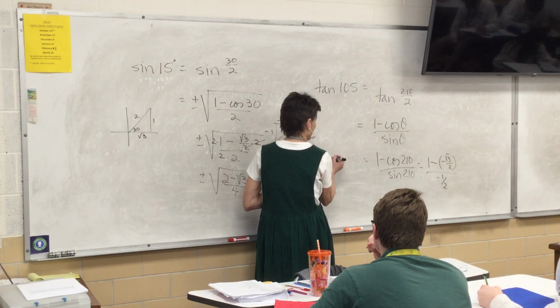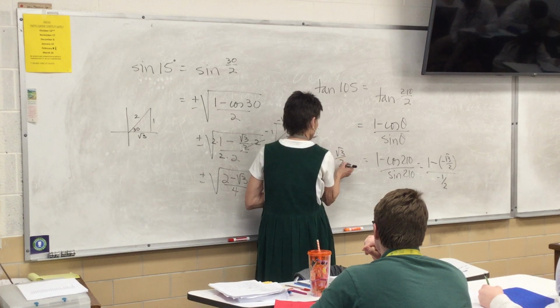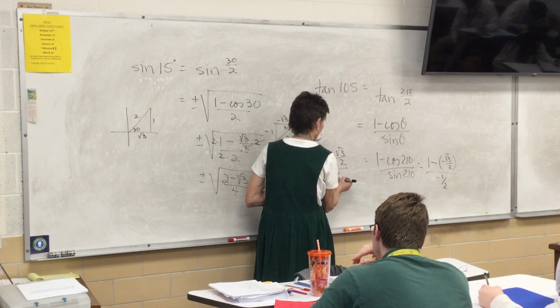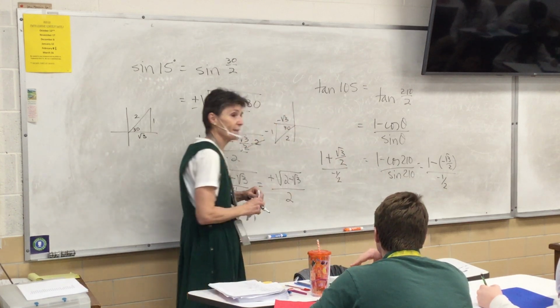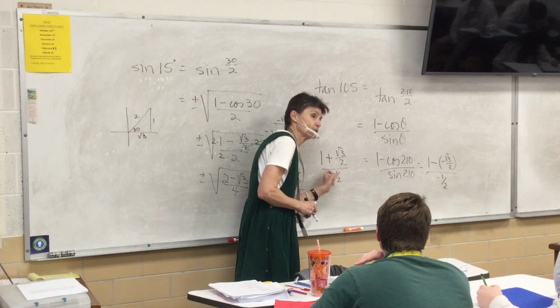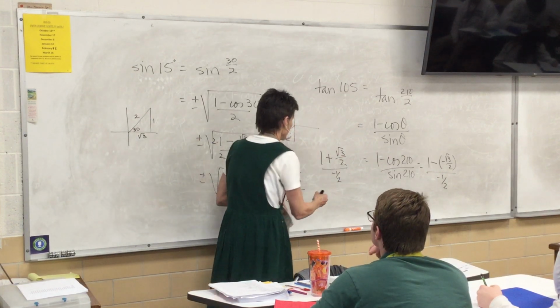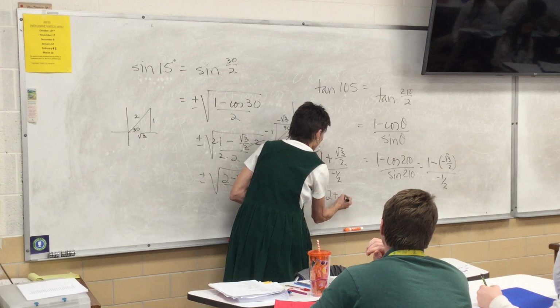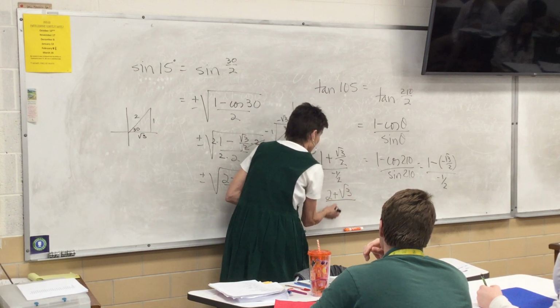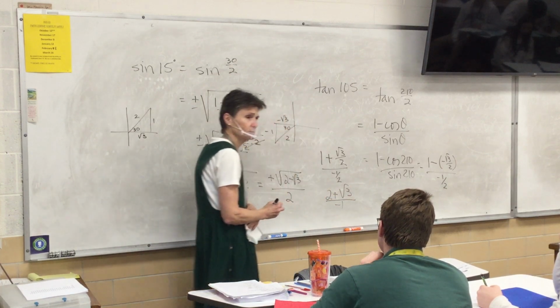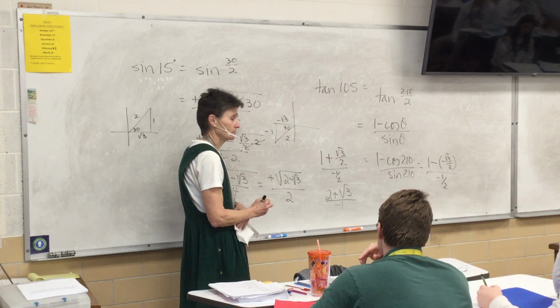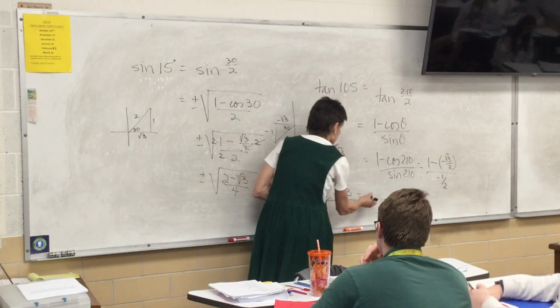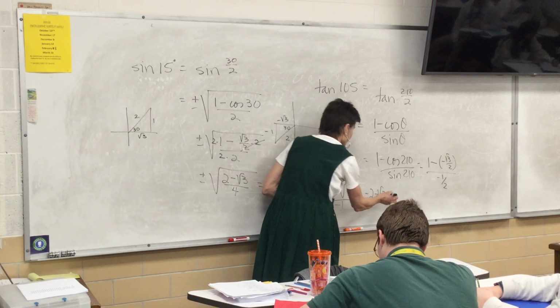All right, so 1 plus root 3 over 2 over negative 1/2. I'm right back where I was before. I gotta get rid of these 2's. So I'm gonna times everything by 2. So I have 2 plus root 3 over negative 1, which is negative 2 minus root 3.